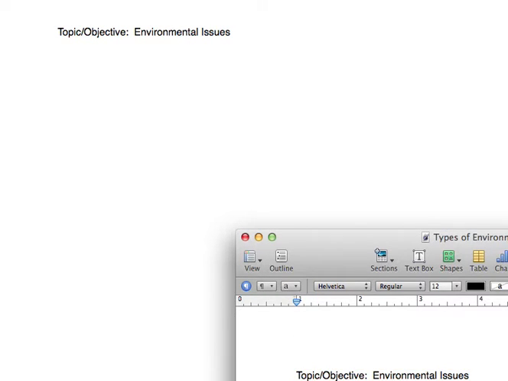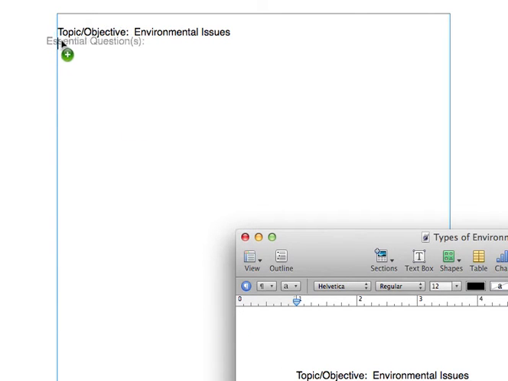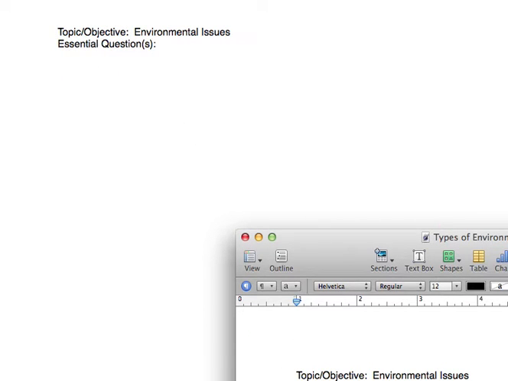For today, we have not one, but two essential questions. You might need to go into the notes section on your Cornell note paper. That's okay, just block it off and make sure you can tell that it's an essential question and not actually part of the notes. Number one, what are the general categories of environmental issues?